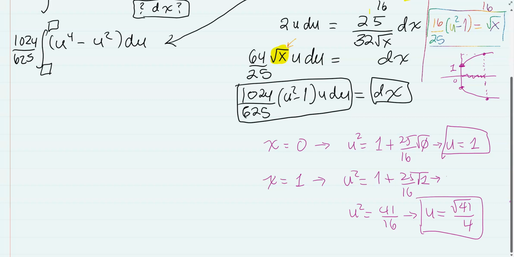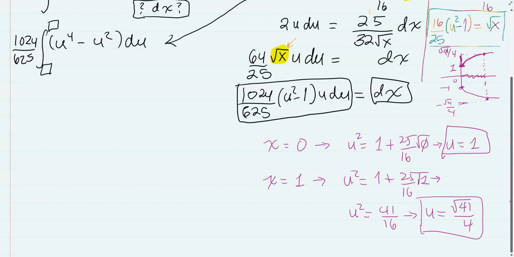If we were to use negative, we would go from negative square root of 41 over 4 to negative 1. But we're just going to go with the positive value because of that symmetry, it's going to give you the same answer, square root of 41 over 4.